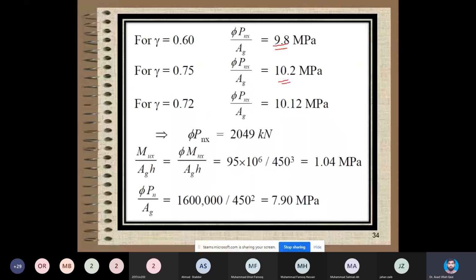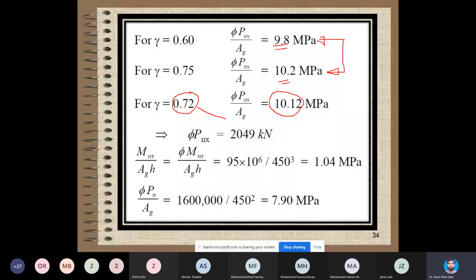Since my column has gamma 0.72, I will do linear interpolation. I will take the difference between gamma values, the difference between these two capacity values, and calculate the rate of change. Based on that, against gamma 0.72, I can estimate that the axial capacity will be 10.12 megapascal.